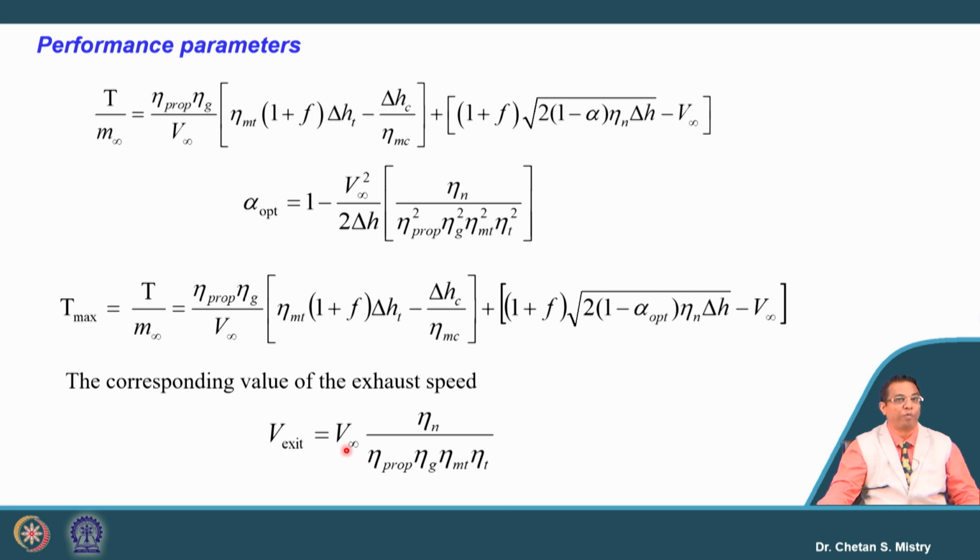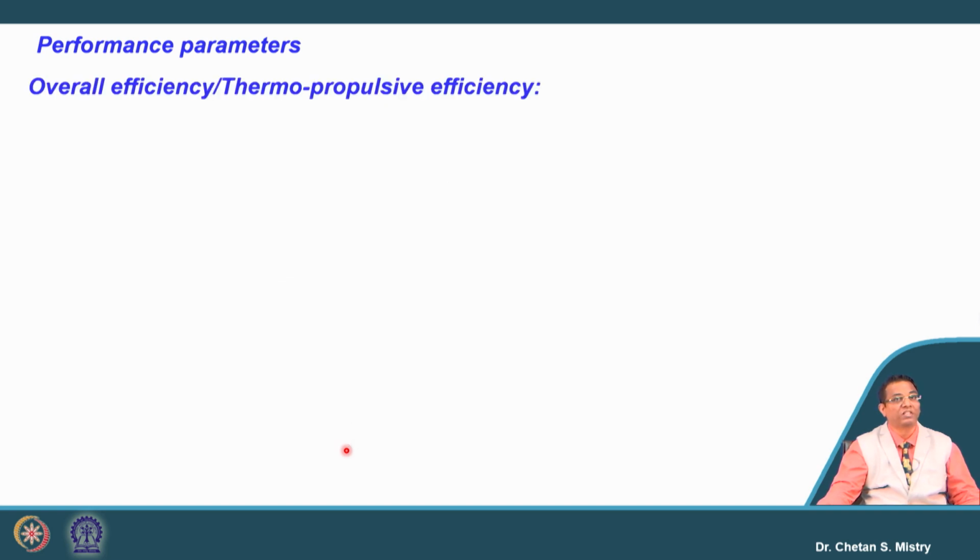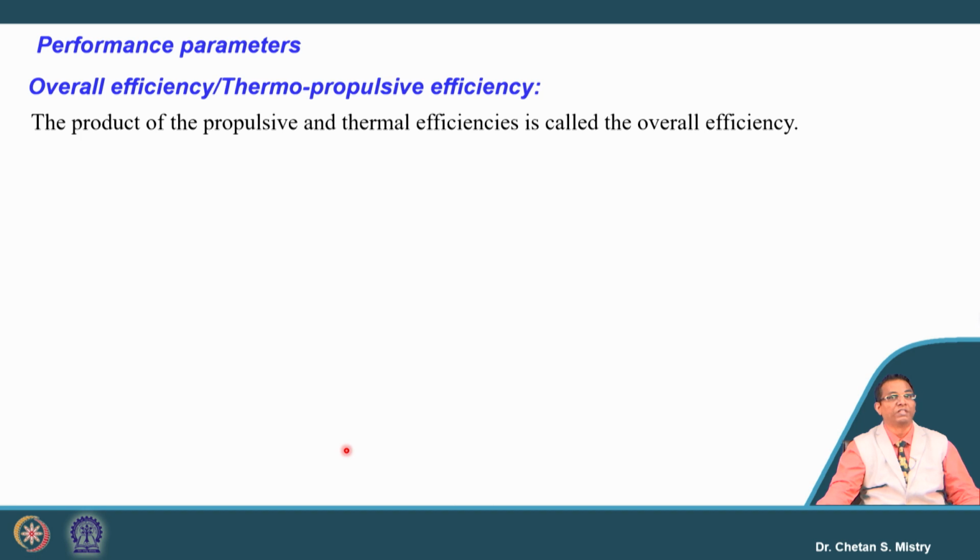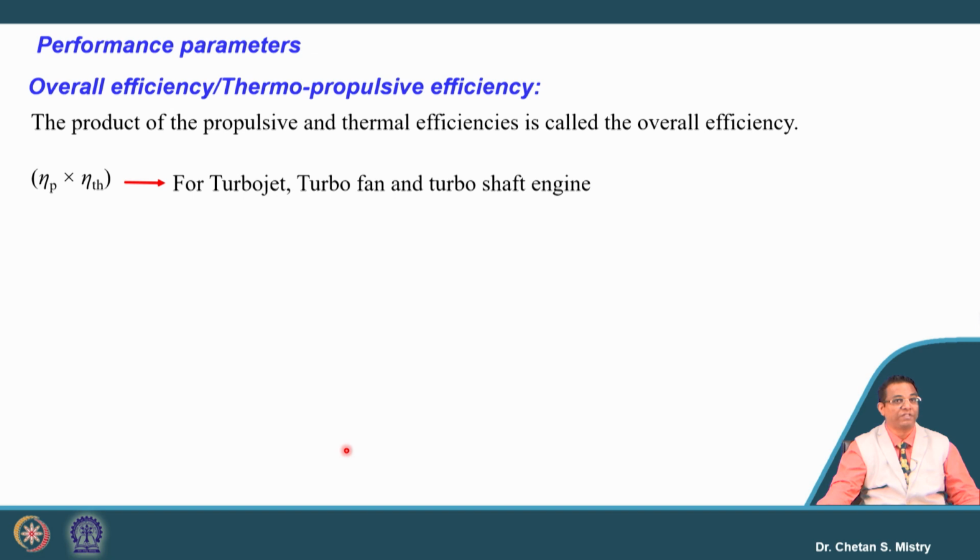This is my performance parameter, you can say, as for the earlier engines, both the turbojet and turbofan engines. We have discussed the very first term, which is thrust. The next term is overall efficiency, or thermopropulsive efficiency. In the very first week we discussed the overall efficiency for turbojet and turbofan engines. It is nothing but propulsive efficiency into thermal efficiency.